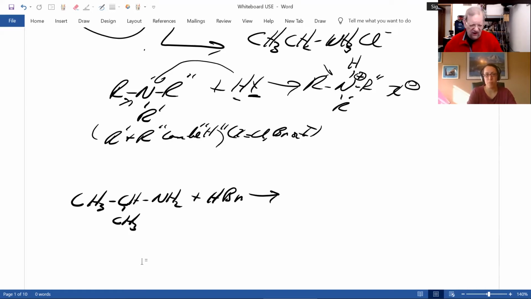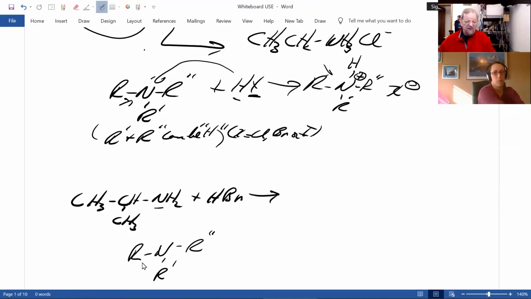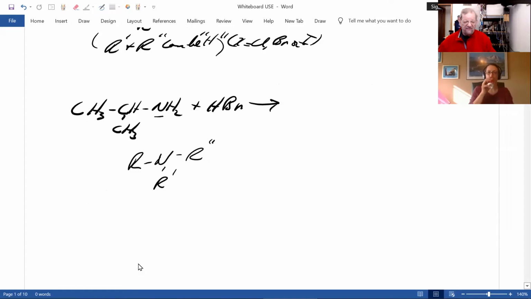All right, let's take a look at this. What's different? Ooh, nitrogen. And here we have a primary amine where R prime, R double prime are both hydrogen. They can be, and in this case, they are.